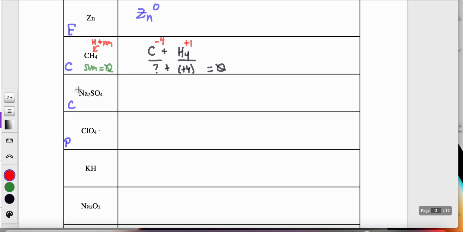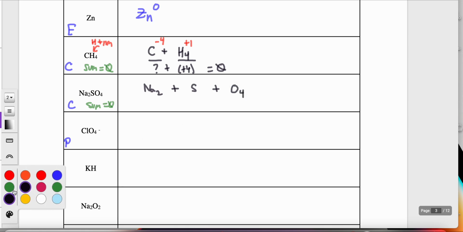Looking at my next example, this is just a little bit bigger of a compound. It has more elements, so I'm going to do some reverse engineering. Like the previous compound, when I add up all these oxidation numbers, the sum needs to equal 0. I see the element Na, there's 2 of those, plus an S, and then there is also O, but there are 4 of those.